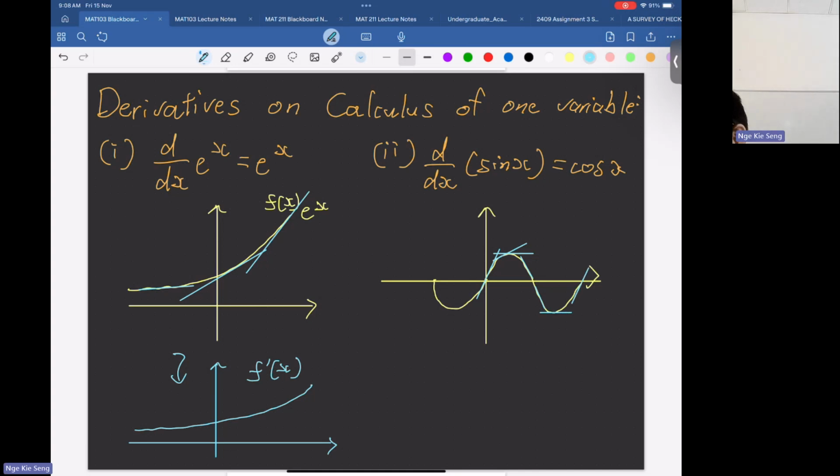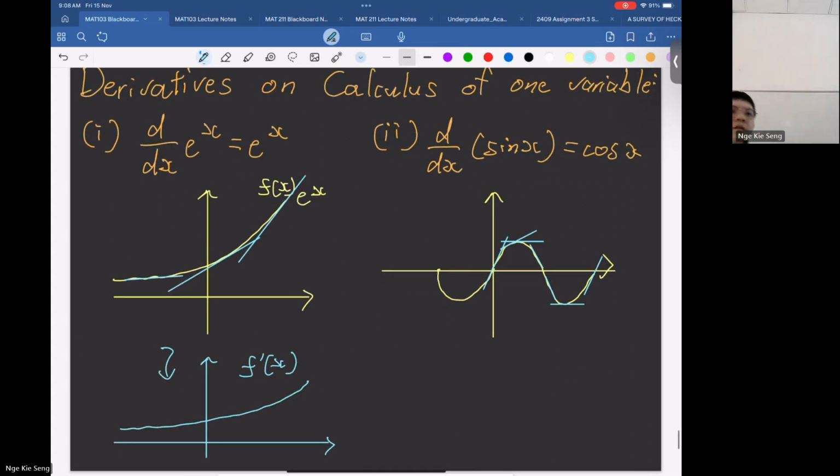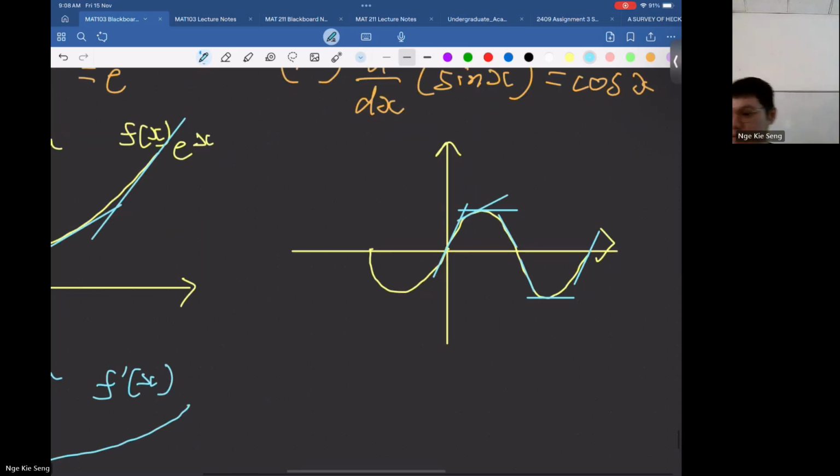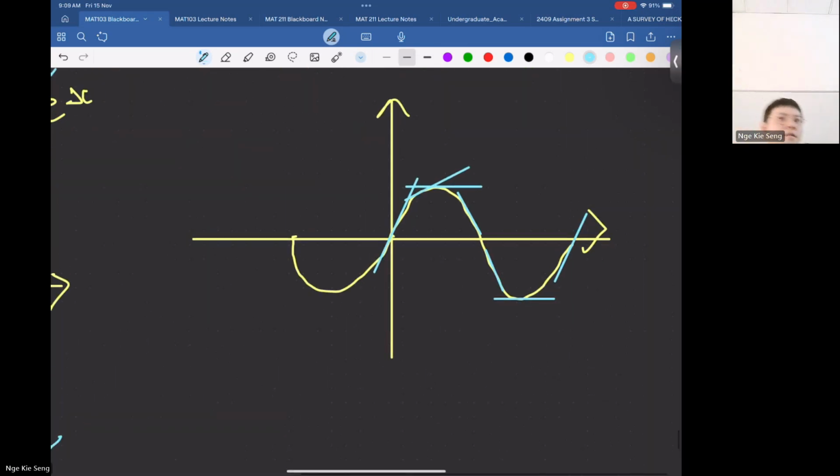You can see the characteristic of the cos function. What characteristic? It is periodic. Okay, where do you see the periodicity here?